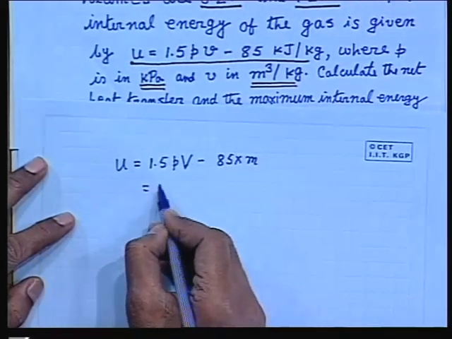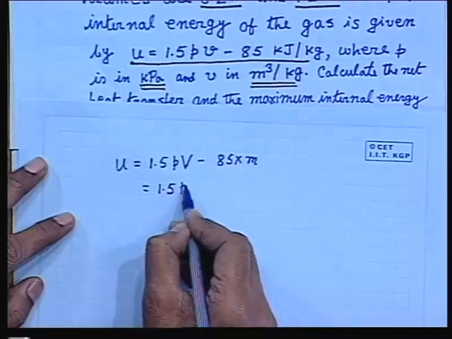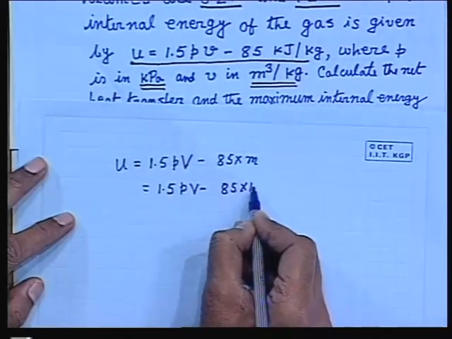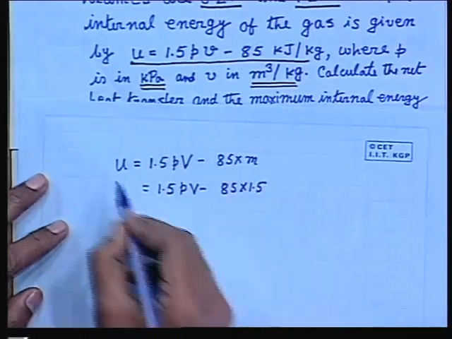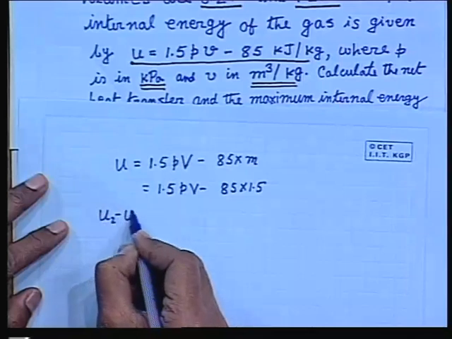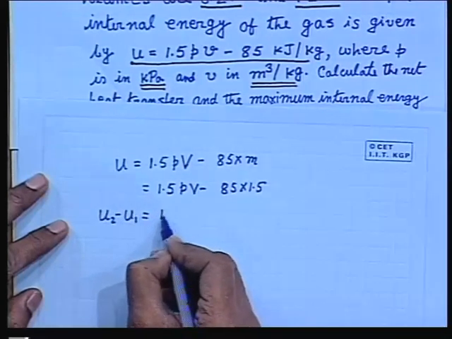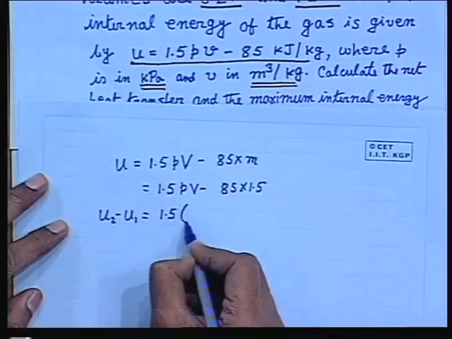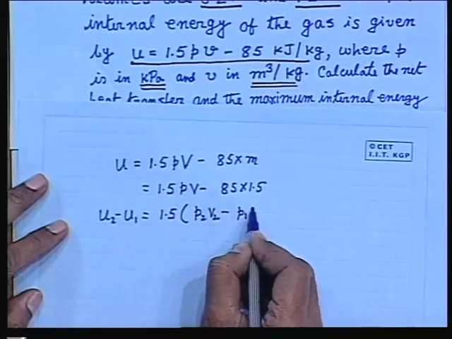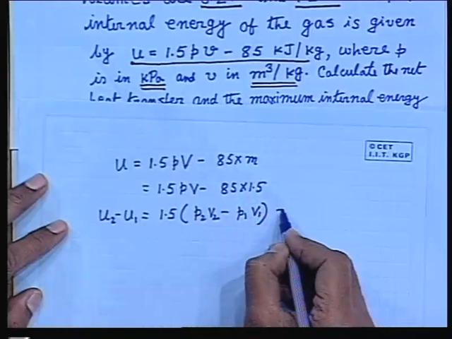So again I write 1.5 PV minus 85 into, but this part is constant, it is not required in finding out the change. So change will be given by 1.5 P2 V2 minus P1 V1, 660 answer, very good.